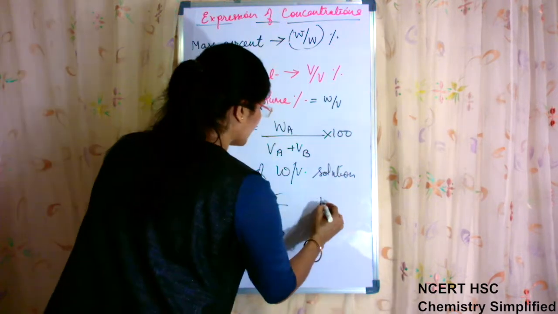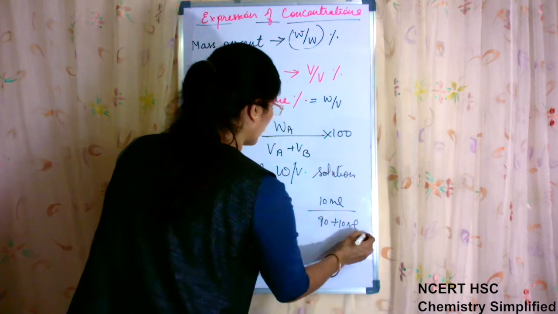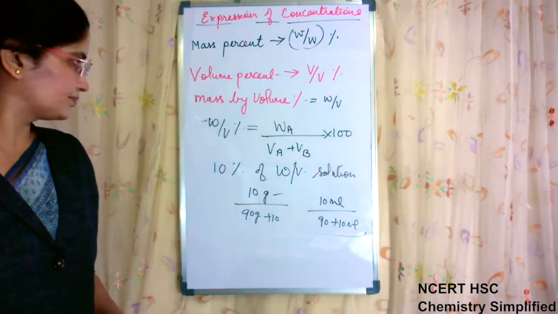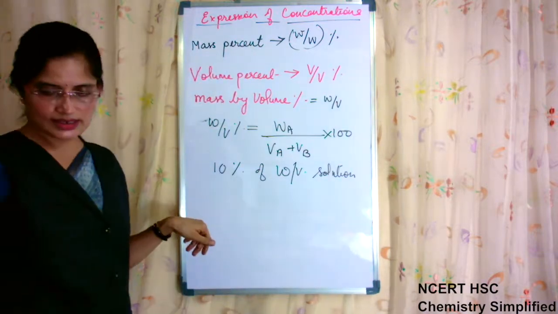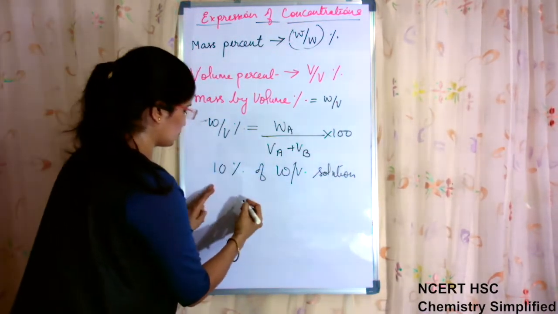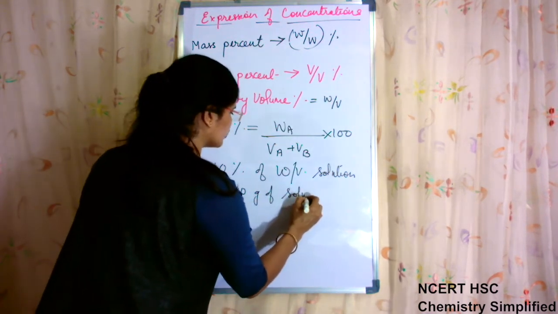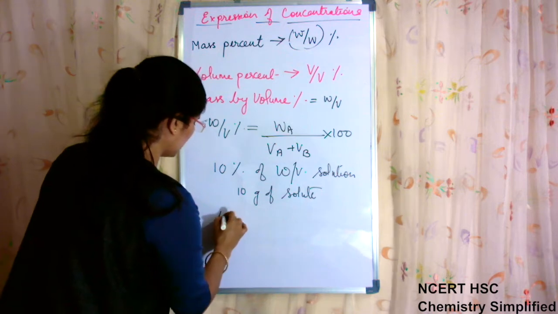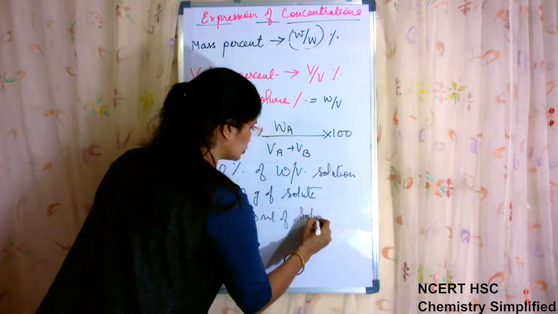V by V, 10 ml of solute dissolved in 90 plus 10 ml of solution. In this case, if we have to prepare a 10% W by V solution, we will take 10 grams of solute in 100 ml of solution.